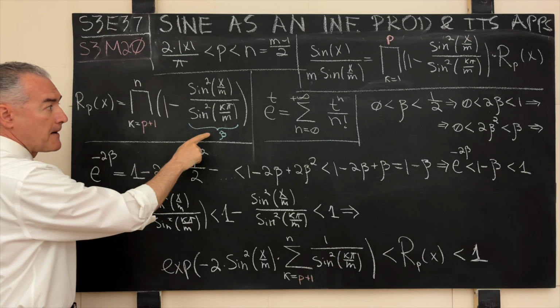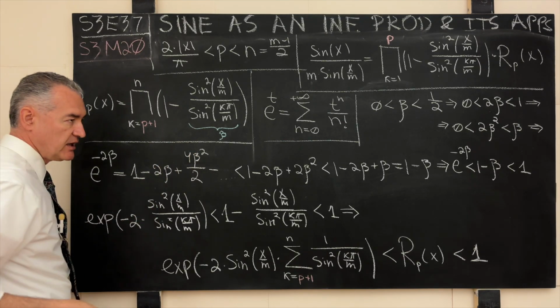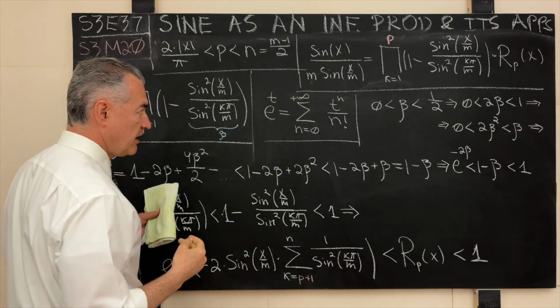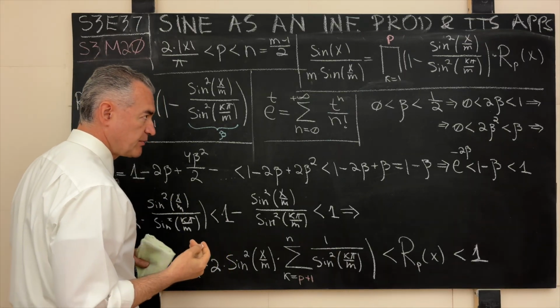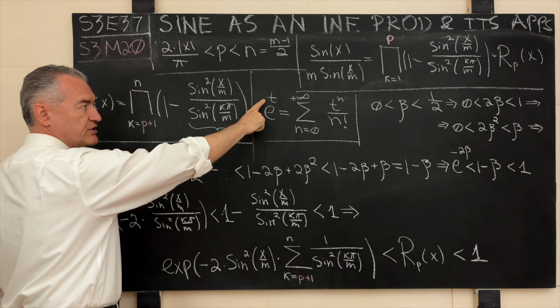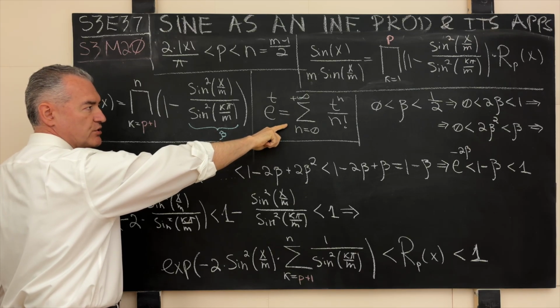We have 1 minus something. You see, on the one hand looks innocent, but on the other hand, we do this maneuver in physics all the time. We bring in a useful expansion. And what expansion? Well, the power series. Remember, when t is, whether it is real or complex, we have our power series expansion for the exponent right here.